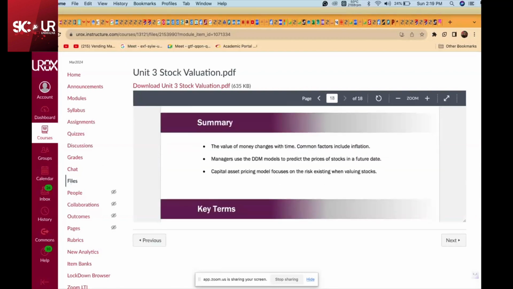So in summary, the value of money changes with time, and common factors include inflation.